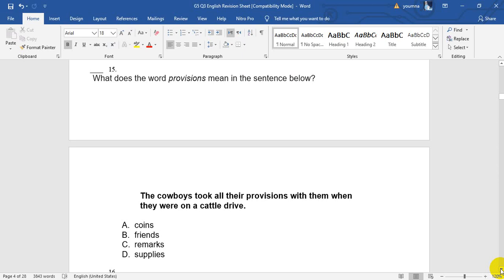Here, provisions mean kinds, friends, remarks, supplies. You remember the picture that I showed you before about this word provisions? All the food and vegetables and fruits and drinks that we need during a journey. So it will be supplies.